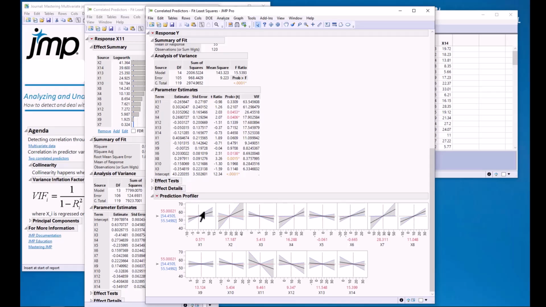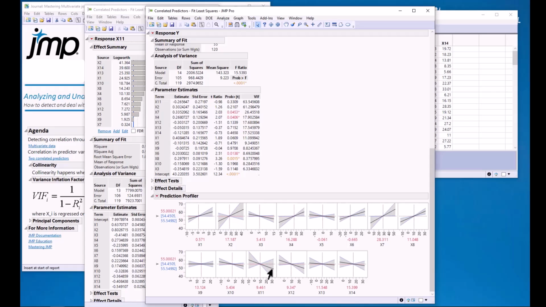The blue lines and the gray intervals that fill in those curves are 95% confidence intervals on the predicted values. And the telltale sign of collinearity is that the confidence intervals get super wide when you're on the edges.